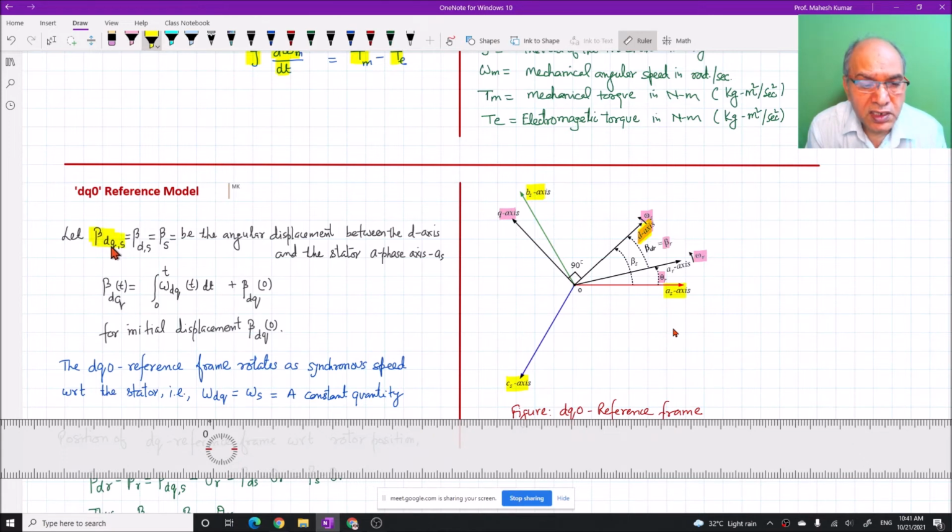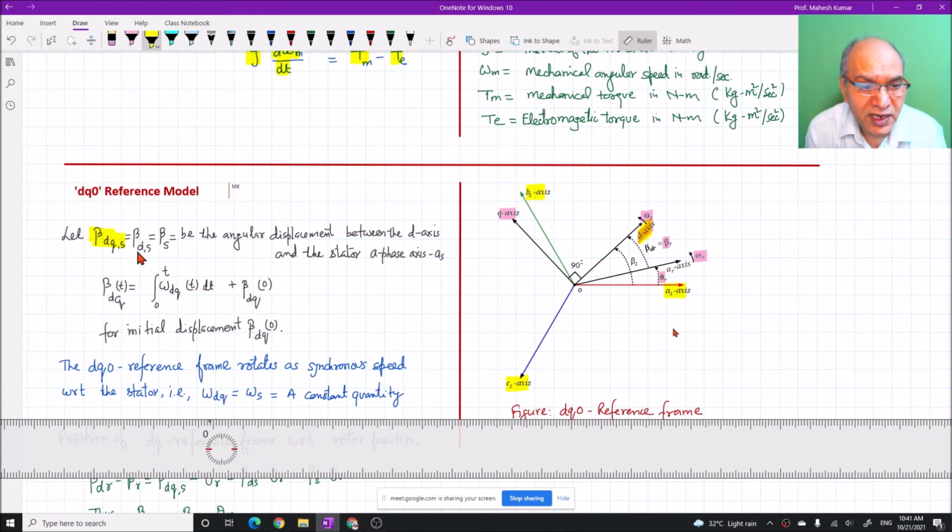Dqs basically means the dq orientation with respect to the stator, that is, how dq are located or oriented in reference to the AS axis. This is the meaning of beta dqs, the position of dq with respect to S. We can draw Q actually, because Q is always 90 degrees ahead or behind. Basically we are fixing the position of the D axis with respect to S.